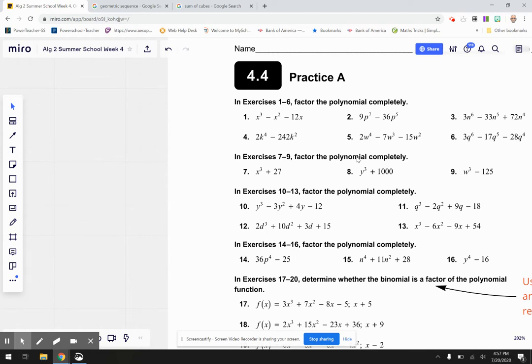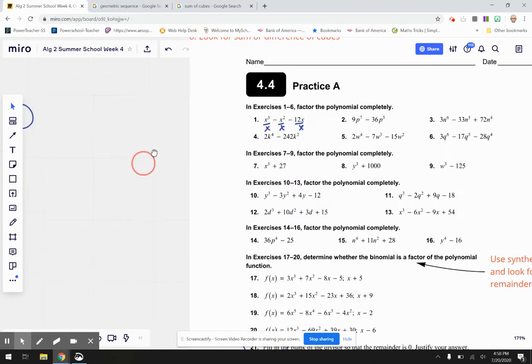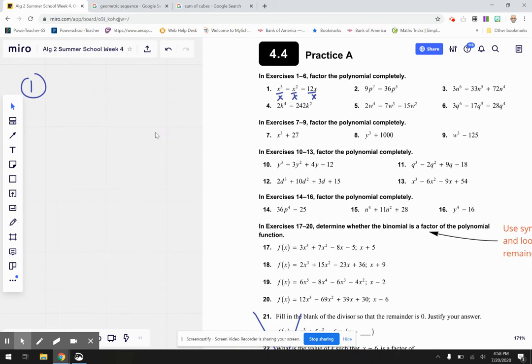All right, we'll start number 1 over here. The first thing I want to do is show you that there is a GCF. We can divide everything by x. So if you can, you should divide out a common factor. That common factor would help us make it smaller to begin with.